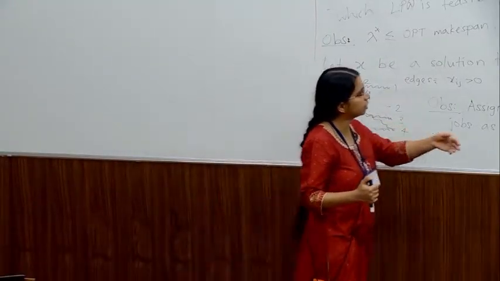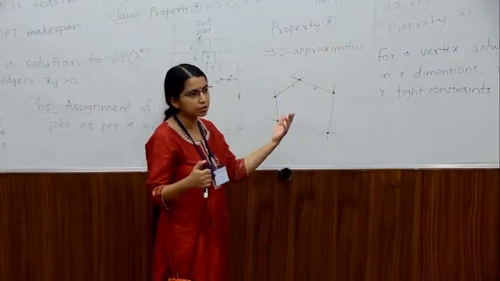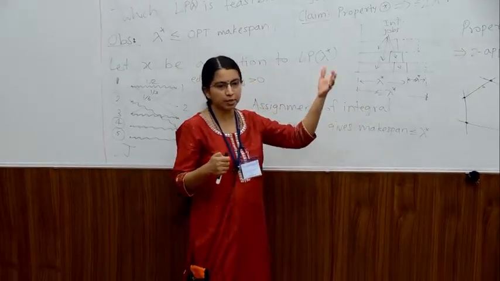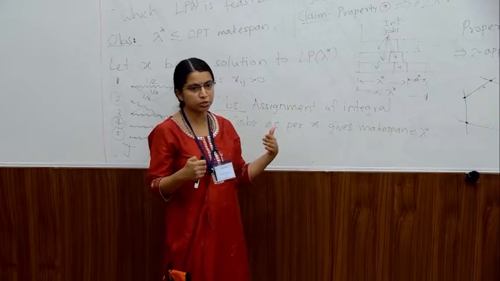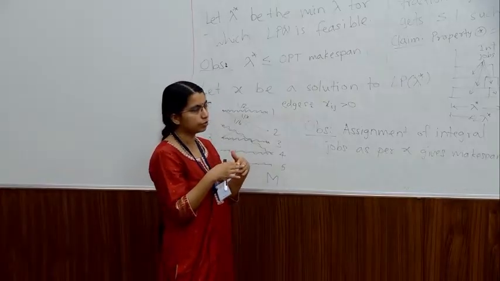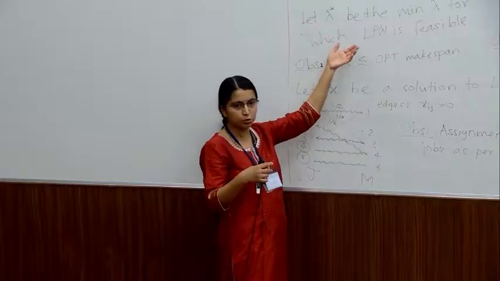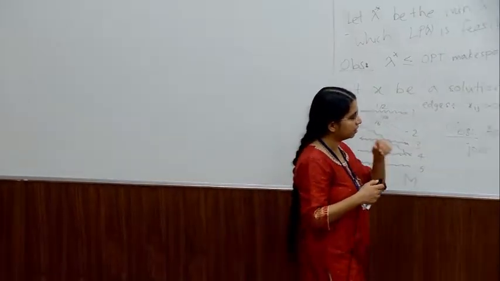For example, even for the case that we considered, there could be several solutions. The single job and m machines case we considered, the job can actually go to any machine. So there are m possible solutions there, all with the same makespan. So even if you catch hold of this particular lambda star, you can have several ways of assigning jobs to machines and getting lambda star.